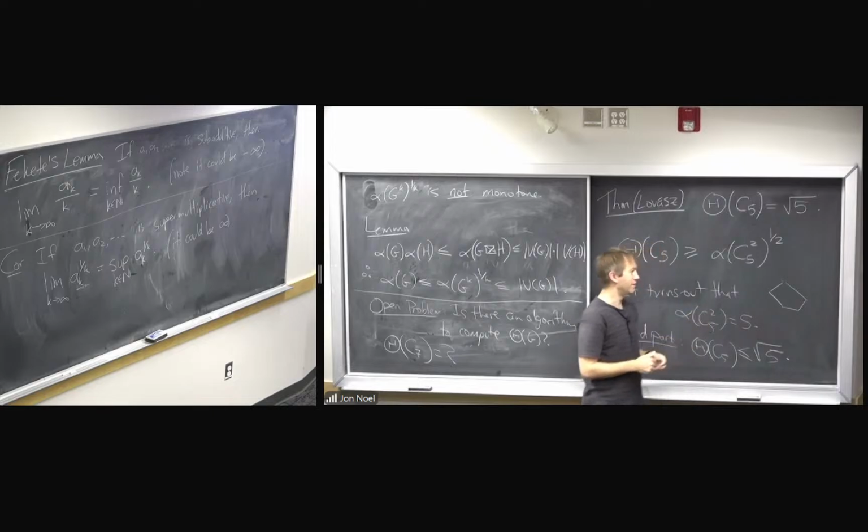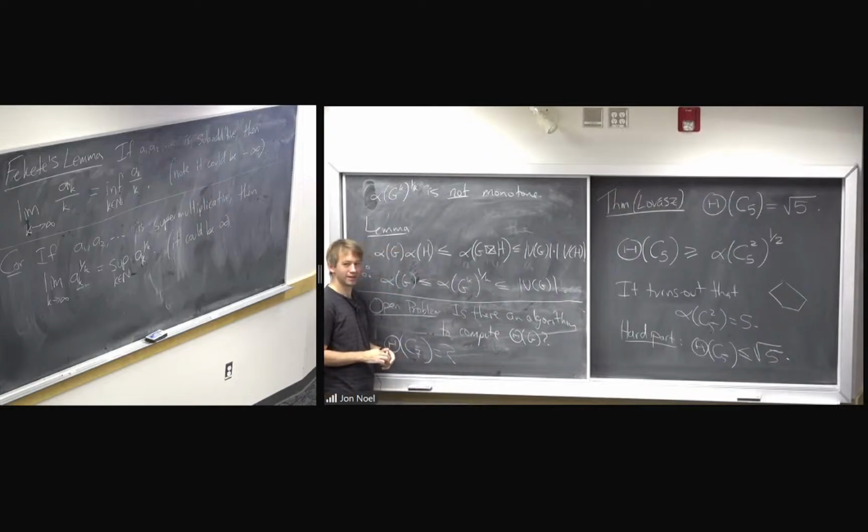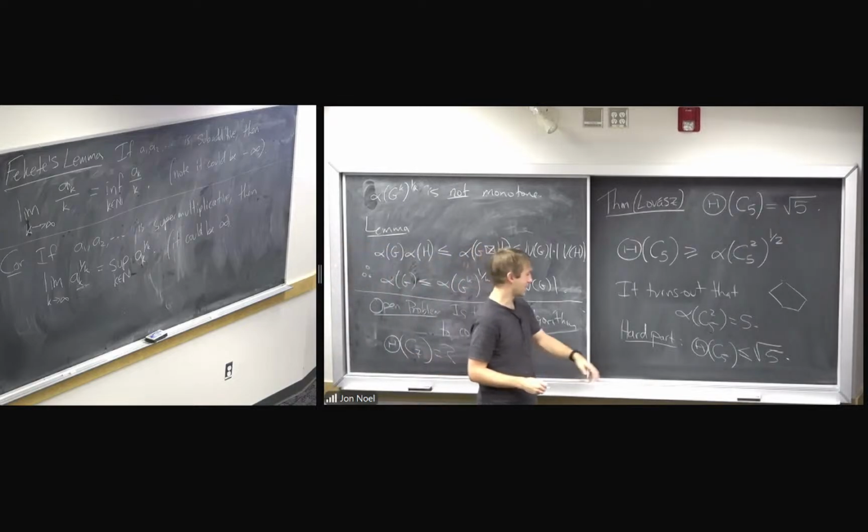Which is a strange number of letters to have in your alphabet, but that's the idea. Any questions about any of this? Okay, so next time we're going to try to prove this.